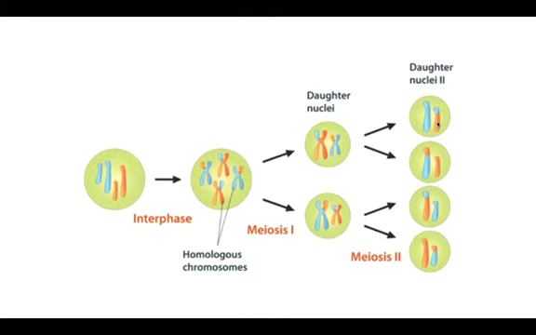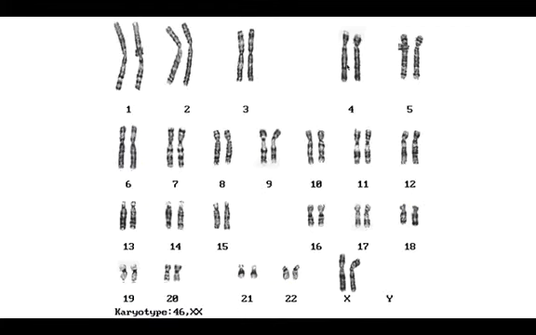Last point I want to make, if we look at this, this is called a karyotype. It says so down at the bottom, of the 46 chromosomes. So these are human chromosomes visualized under a very powerful microscope. And so we have homologous pairs of chromosomes, and they're numbered from longest to shortest.